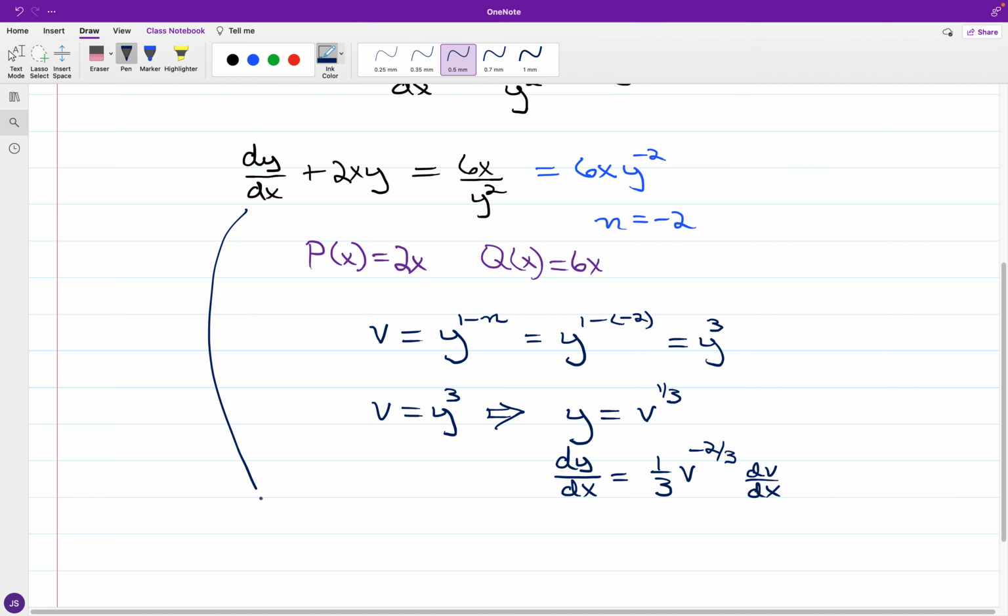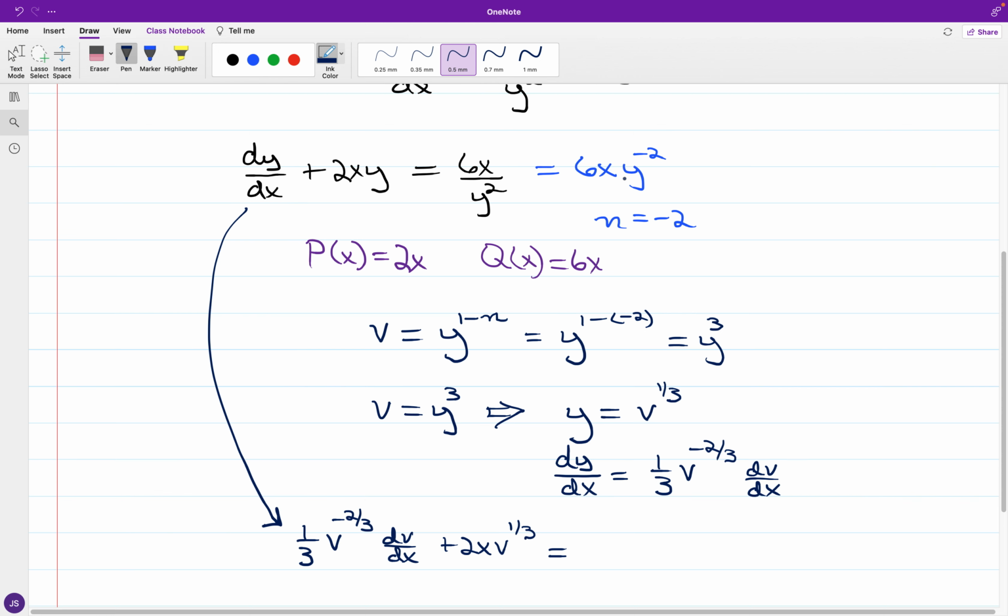In the rewrite, we have 1/3 of v to the negative 2/3 dv over dx, plus 2x times y, where y is v to the 1/3, so plus 2x times v to the 1/3, is equal to 6x times y to the negative 2.